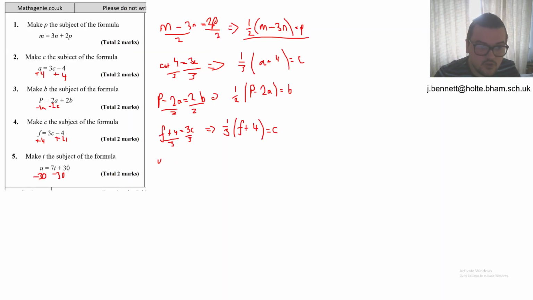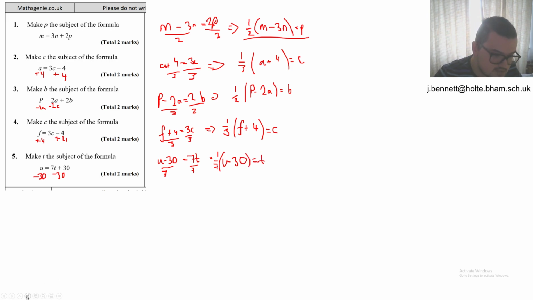So u minus 30 equals 7t. We're going to divide both sides by 7, to clear that coefficient. We're going to get 1/7 of u minus 30 equals t.